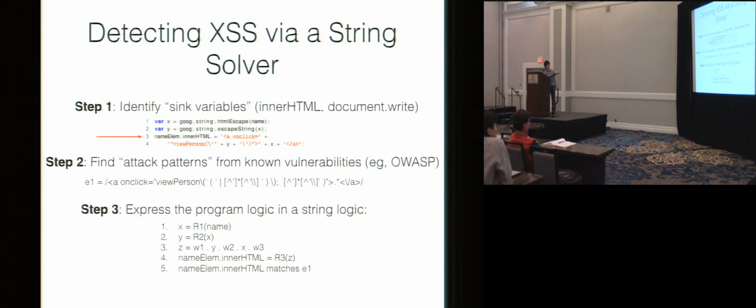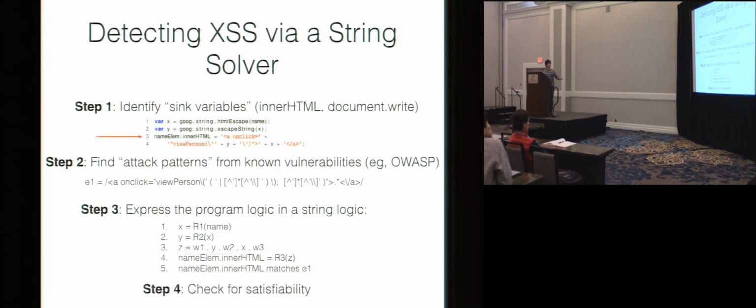It's a concatenation of this thing. Finally, you have another one here, R3, which does the string transduction for the inner HTML mutation. And finally, you have the fifth constraint, which is that the final variable has to match the attack pattern.